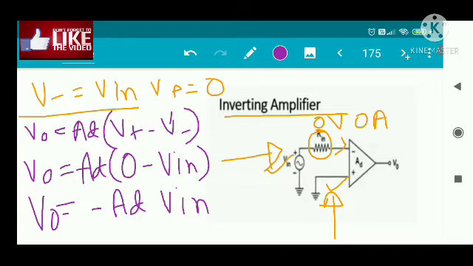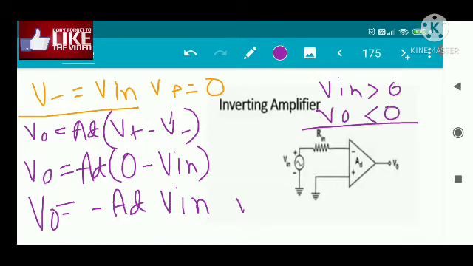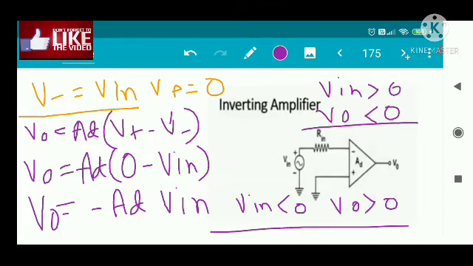So if V in is greater than 0, your output voltage V0 is less than 0. Now if V in is less than 0, your output voltage will be greater than 0. Okay, so V0 has opposite polarity to V in.